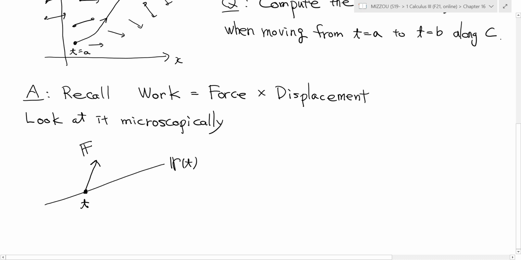Then the actual contribution of the force when you move on this line in this direction is not this entire F, but only the component along this line, along the curve. So that's the actual contribution.